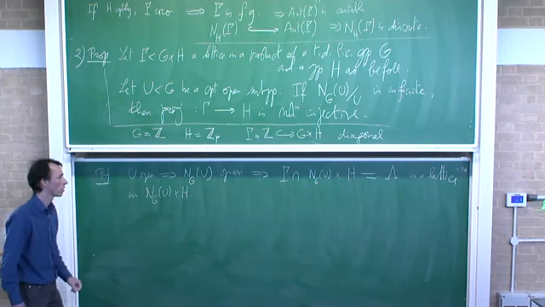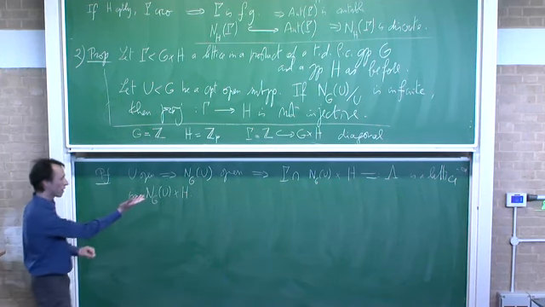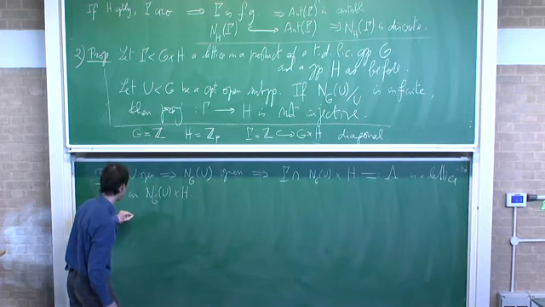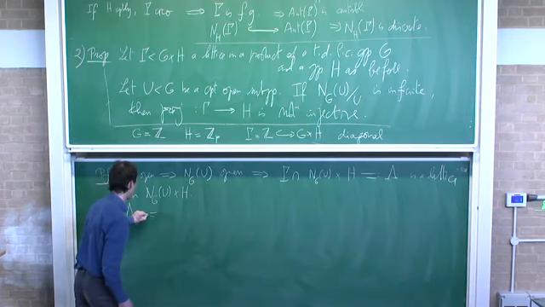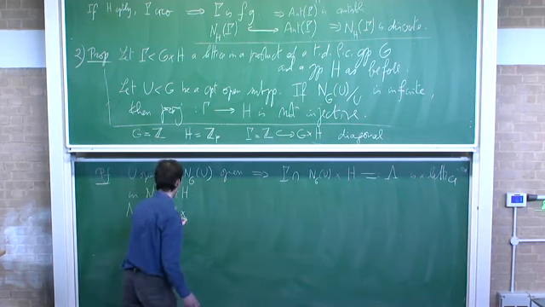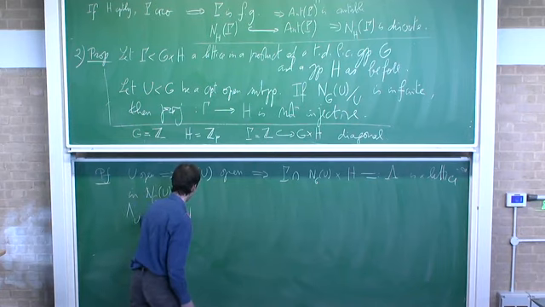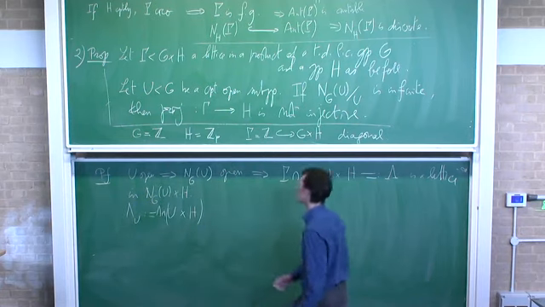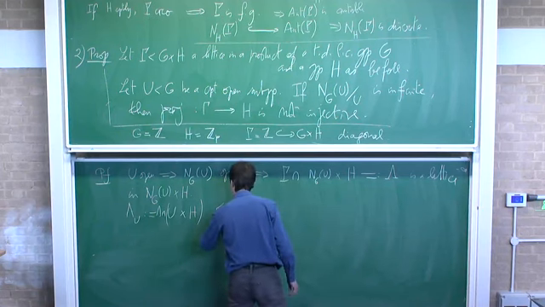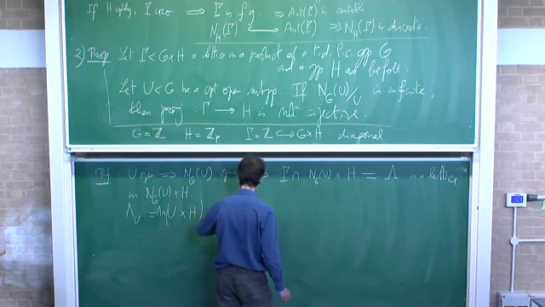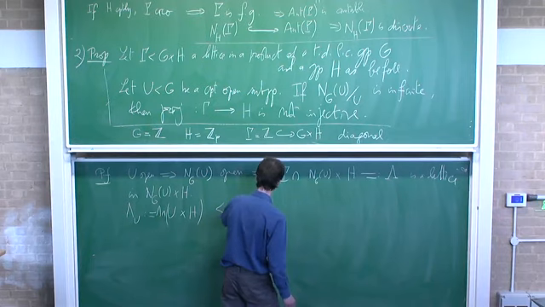But inside lambda, you have a smaller group, which is the intersection of lambda with U. So this is also a lattice in U.